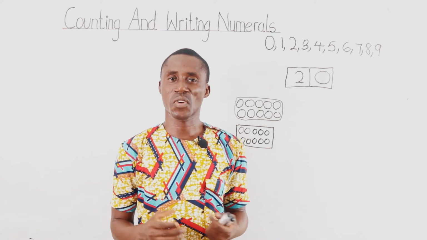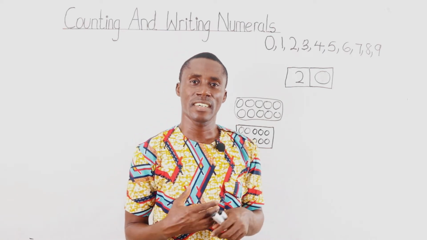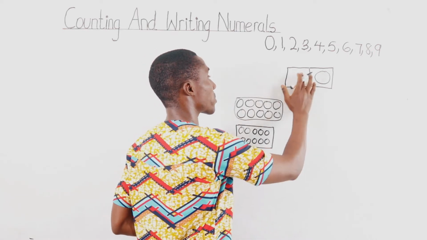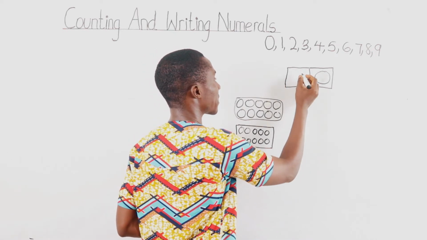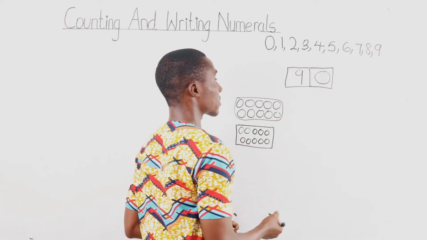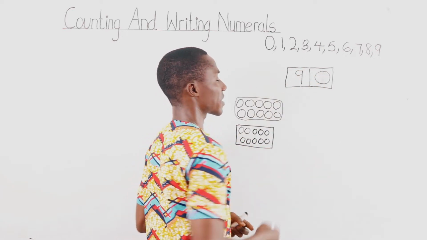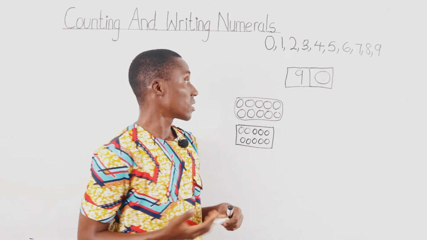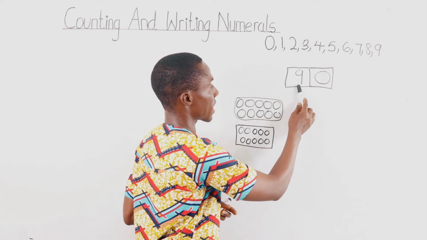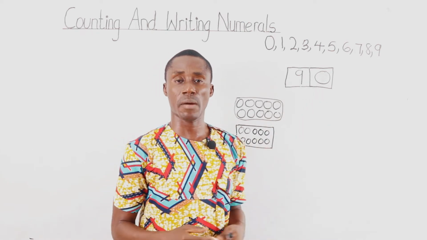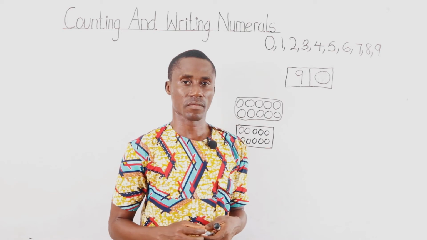Okay, so let's imagine that we have counted to the point where we have 9 tens, okay? 9 tens in the second number place. And therefore, this is 9 tens and 0 ones, giving us the number 90.